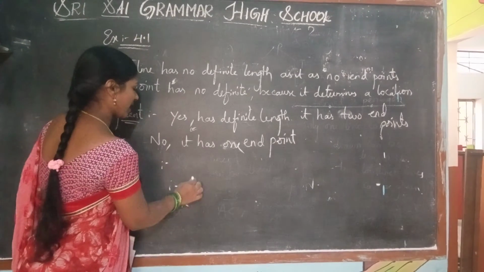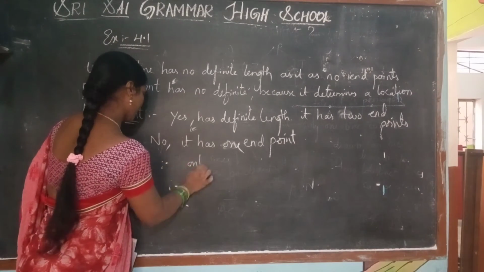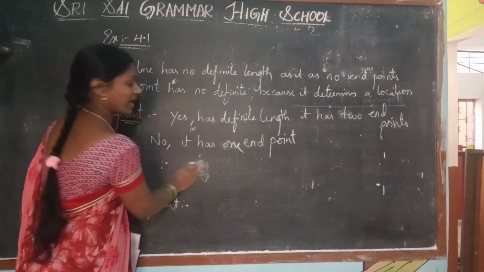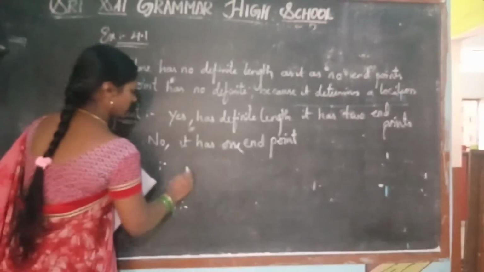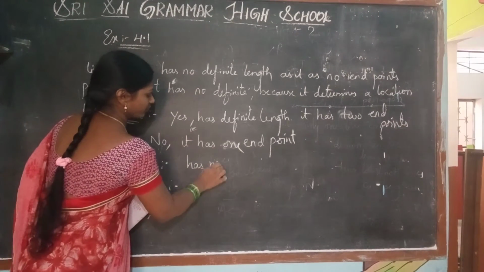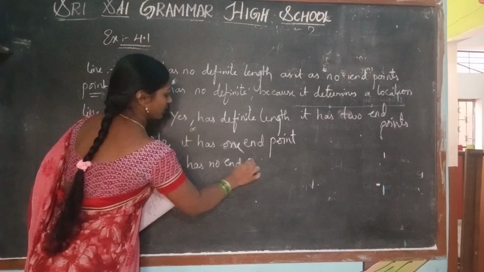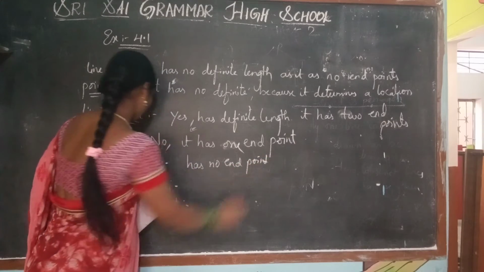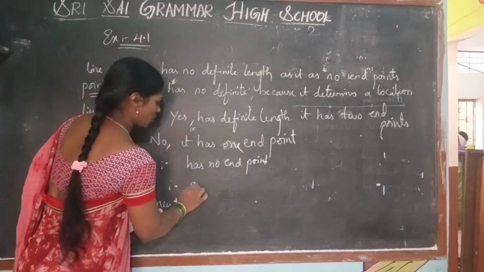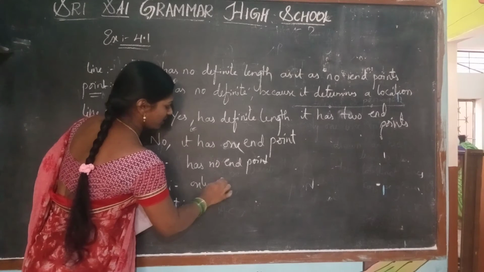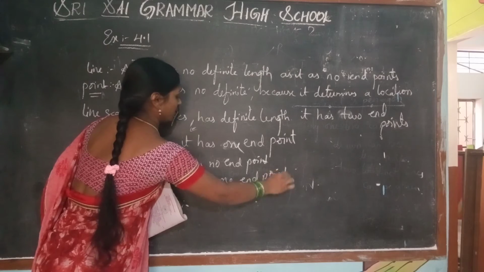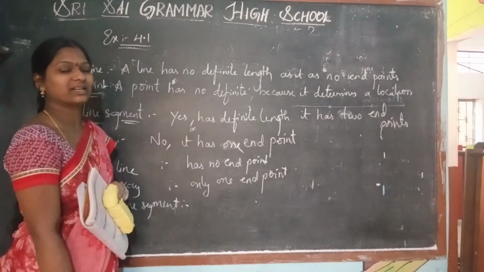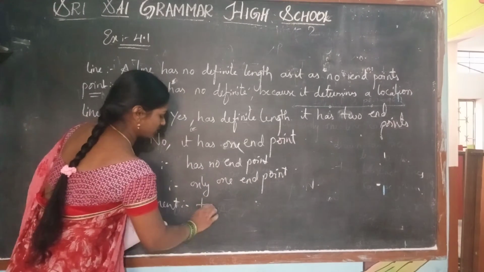The line has no endpoint. Ray has only one endpoint. Line segment has two endpoints.